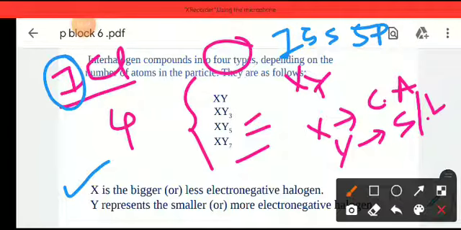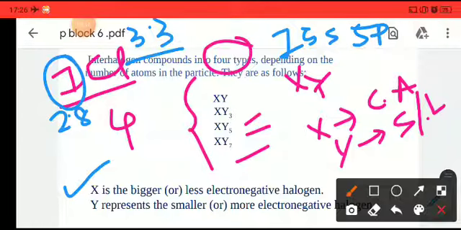Iodine has 2.7 or 2.8 electronegativity, whereas chlorine has 3.3. So iodine, being bigger and having less electronegativity, will act as the central atom. So here X will be iodine. The central atom should have less electronegativity and a bigger size.